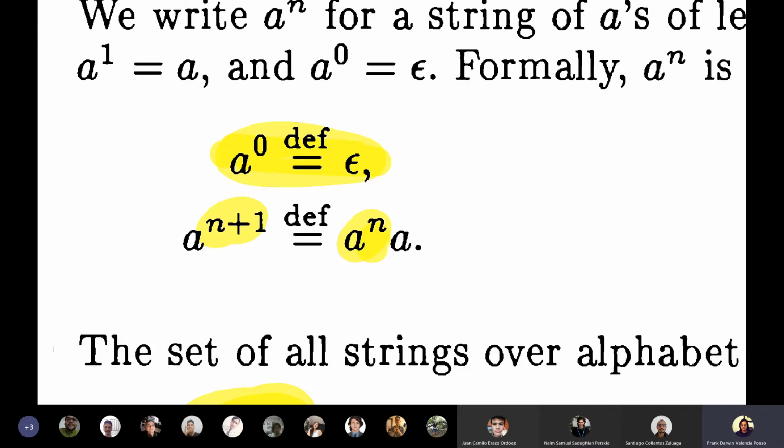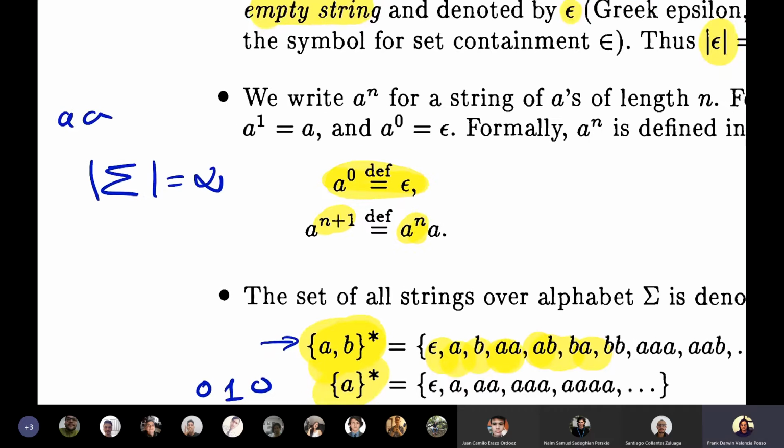You understand that? Just imagine that was a program. The other one will be a program that is running forever, it will never end. But this one, for a given n plus 1, will eventually end. You understand? And this concept is very important because it has to do with some techniques that we'll use later.